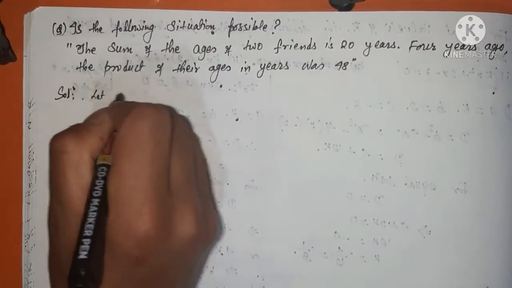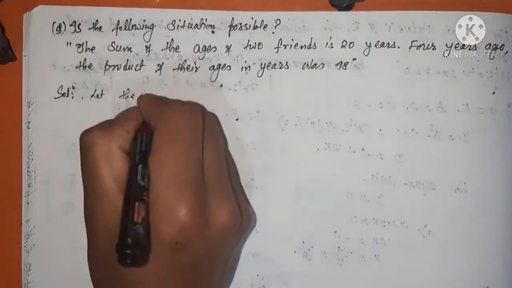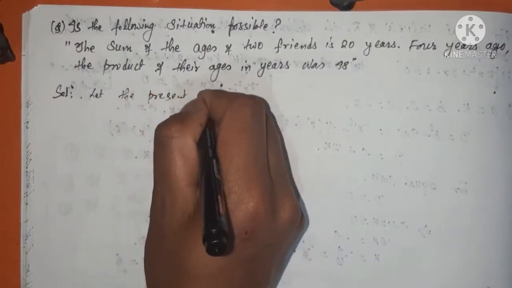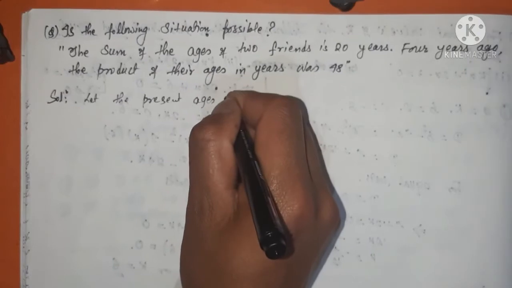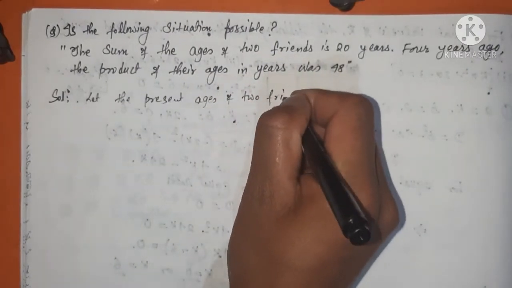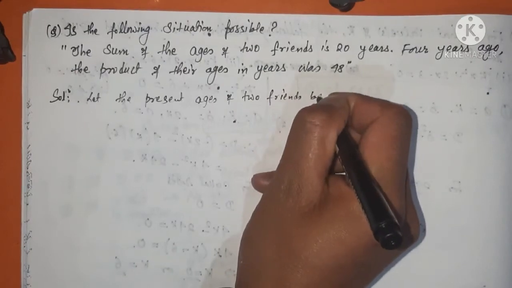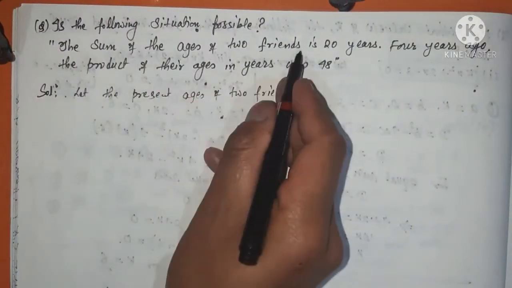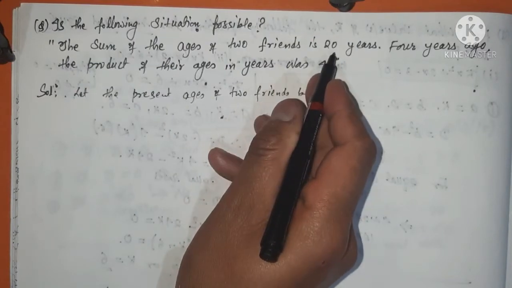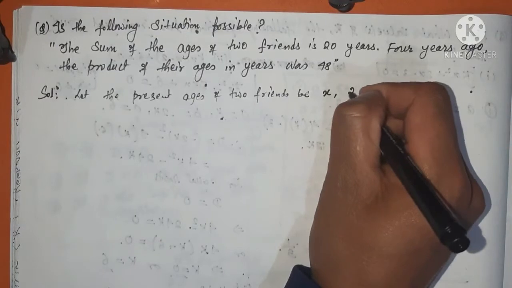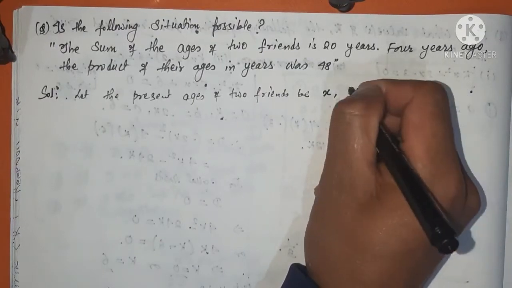Let the present ages of two friends be, what will be the present age? Suppose, it is given the sum of the ages is 20 years, right? So if one is x, then the other is 20 minus x.